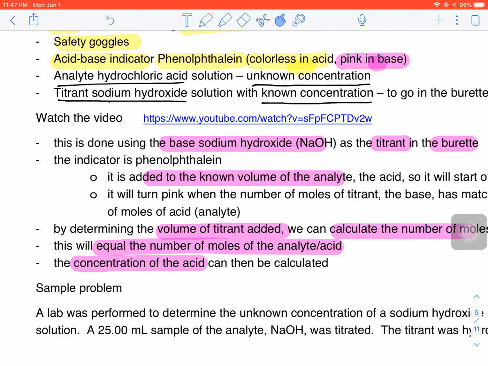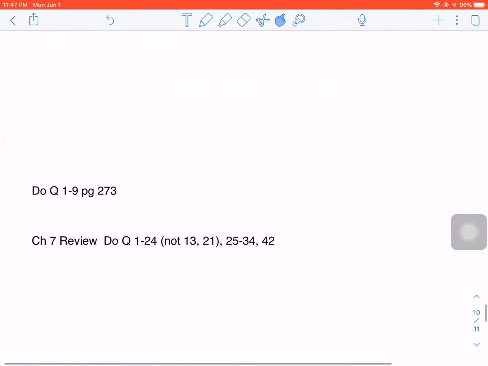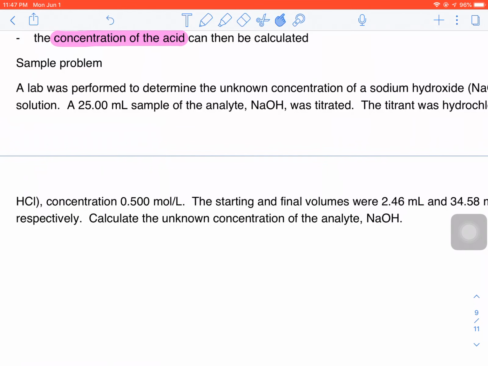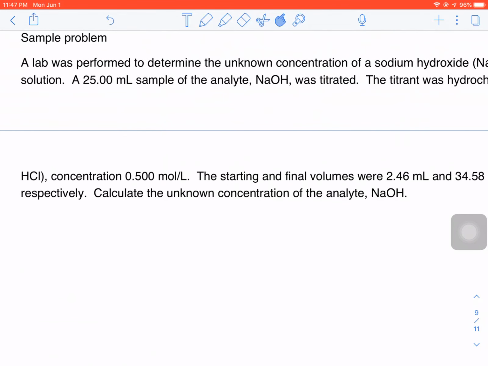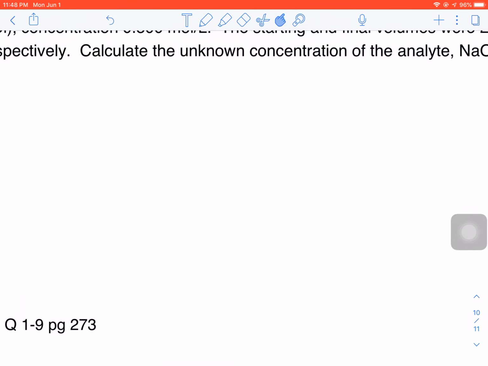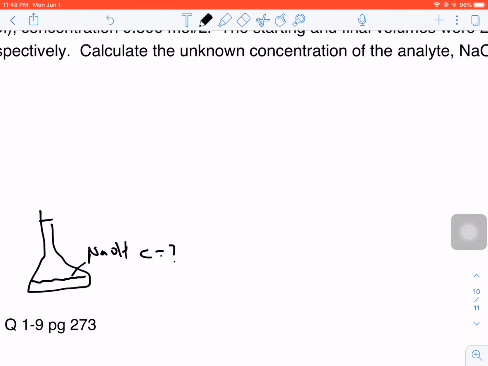Okay, so I'm going to walk you through a sample calculation here. We're trying to find the concentration of sodium hydroxide this time. So this time, when we do the lab, I'm going to put my sodium hydroxide, which is my analyte, there it is in the Erlenmeyer flask, and C is unknown.